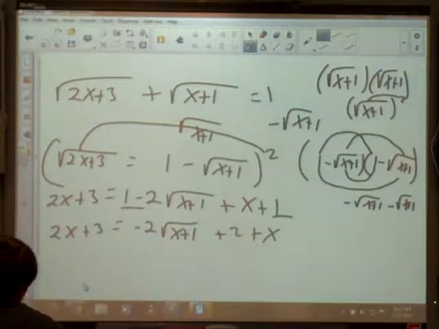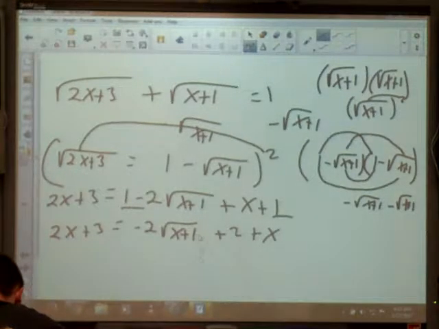Okay. Now, we started off with 2 radicals on one side, and we moved one of them over, and we got rid of that radical that was left. So now this radical, we've got to get it all by itself so we can get rid of it.